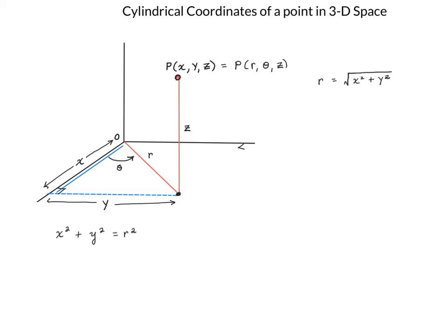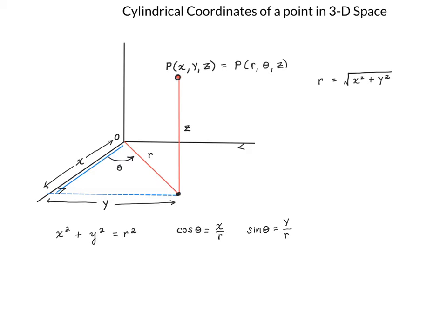Now I also know, and this is really from polar coordinates again, because I'm now looking just on the xy plane down here, that if we use the cosine, we can say that the cosine of theta is the adjacent side, which is x, over the hypotenuse, which is r, and the sine of theta is the opposite side, over the hypotenuse, which is r.